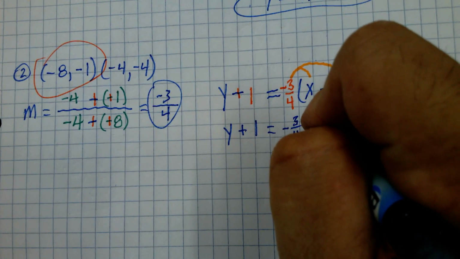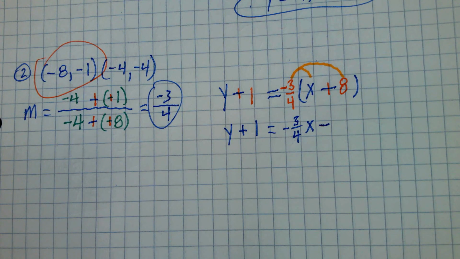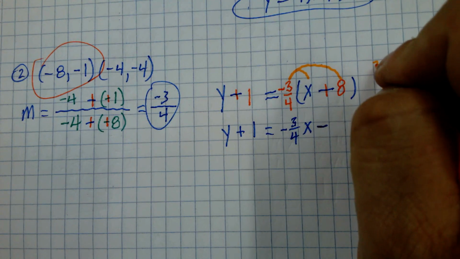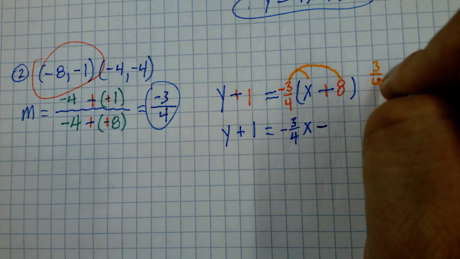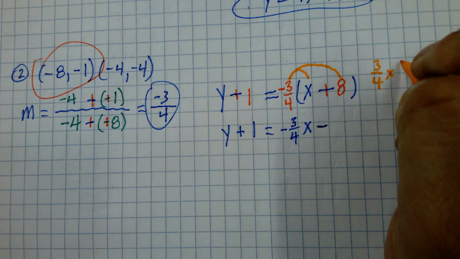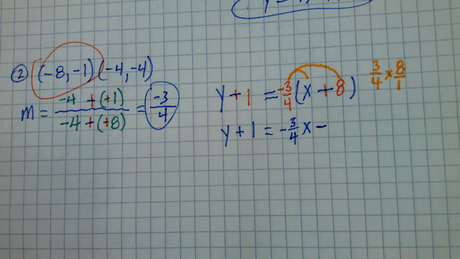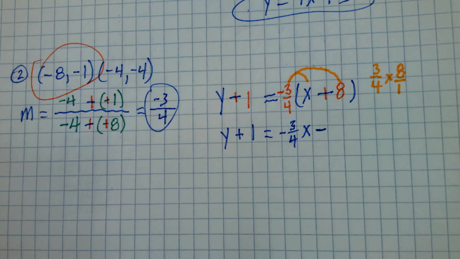So now we don't have to worry about negatives or positives. We just have to multiply 3/4 times 8. I'm going to do that scratch work here. 3/4 times 8. And I'm going to write 8 as 8 over 1 because I want it to be a fraction as well.